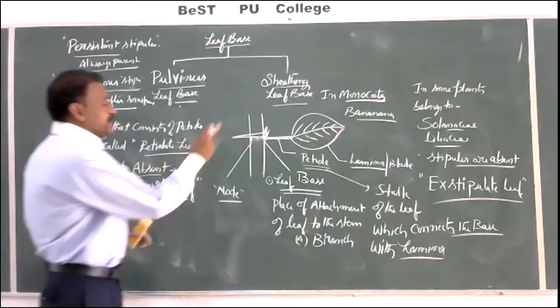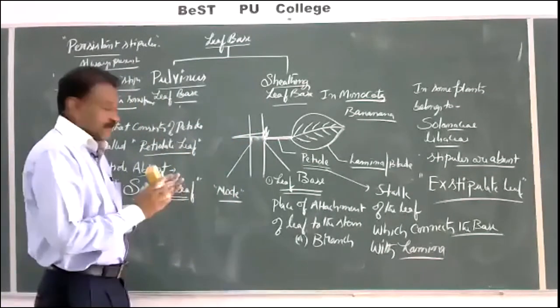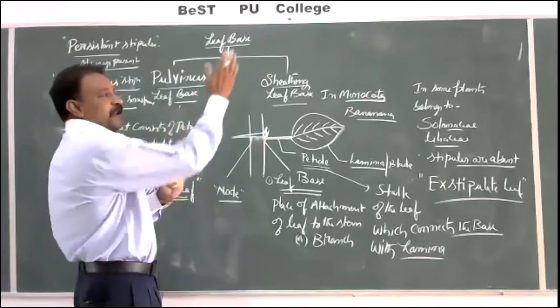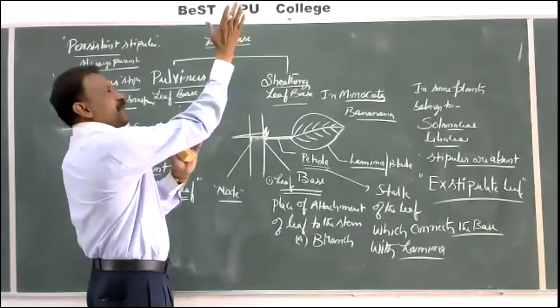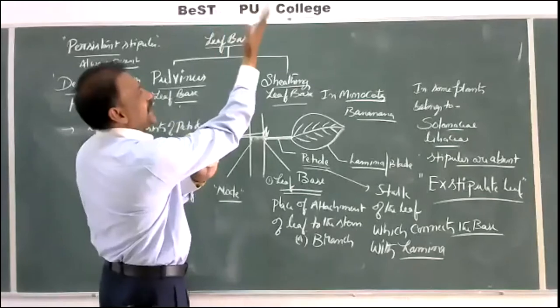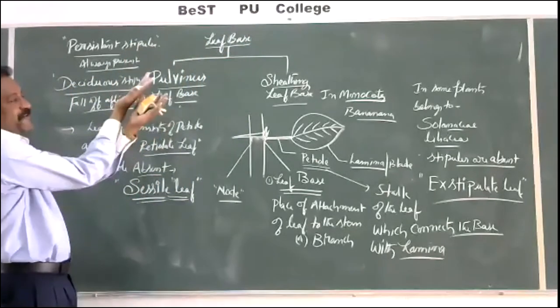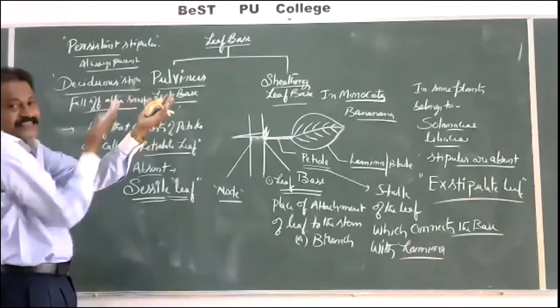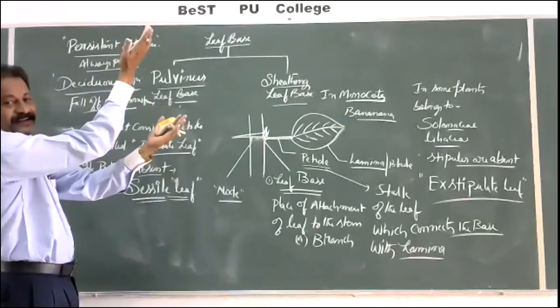Now, this petiole, the long thin petiole, will hold the leaf lamina properly in such a way as to expose it to the sunlight. So generally when you see plants or trees, no leaf is overlapped. This is because petioles are growing in such a way.